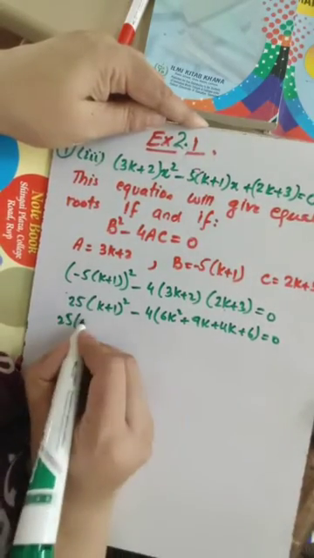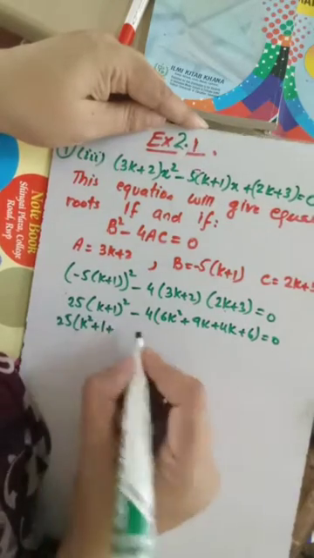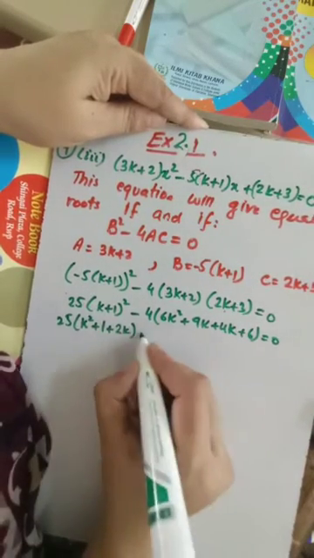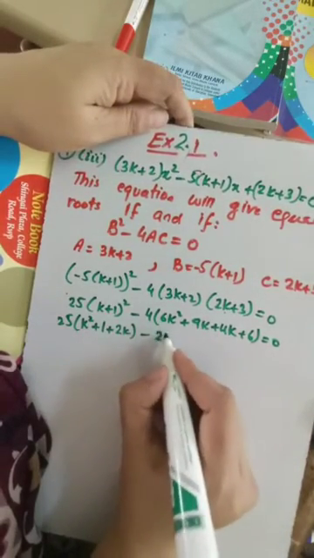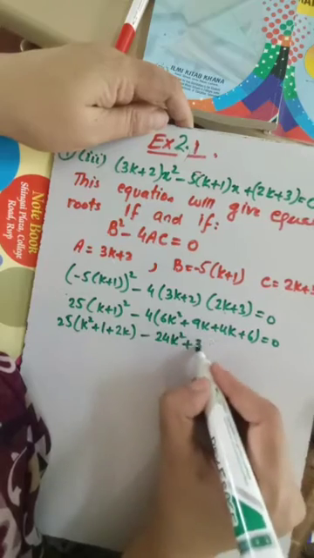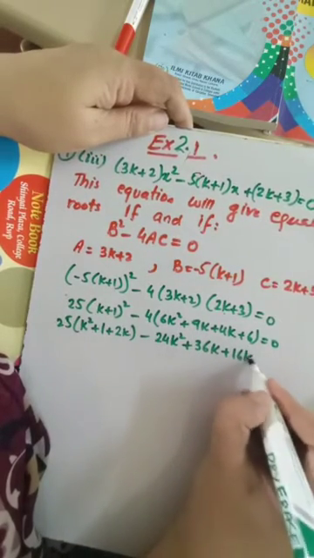25, opening this formula, this will be a square plus b square plus 2ab, which will be 2k, minus, opening this again, this will be 24k square plus 36k plus 16k.